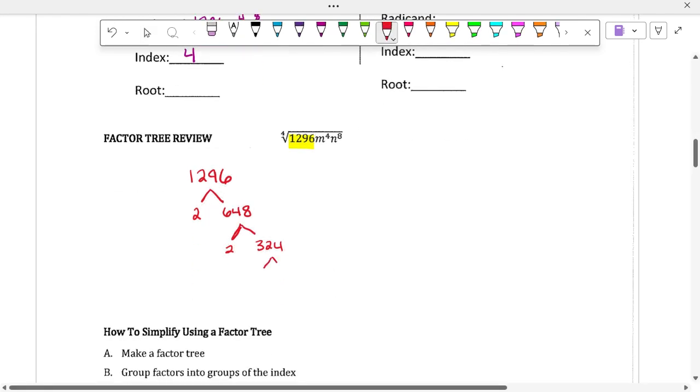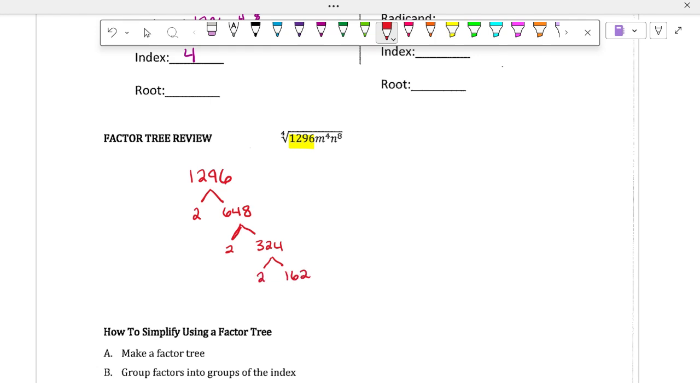Divide it by 2 again. Divide by 2 again, I get 162. And I'm just going to keep dividing by 2 until I get a number that I can actually see. Then 2 again, and I get 81.